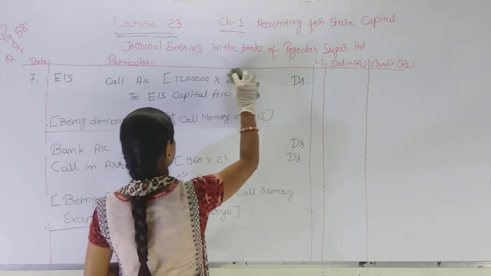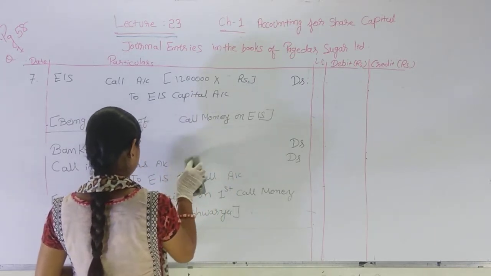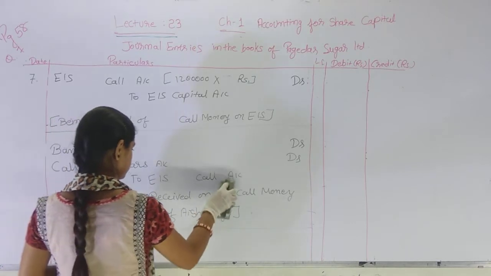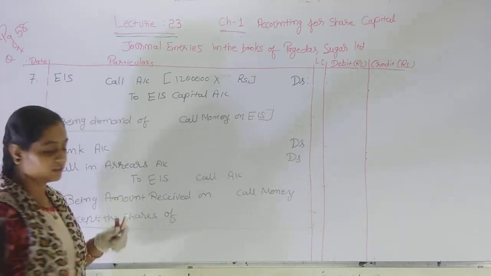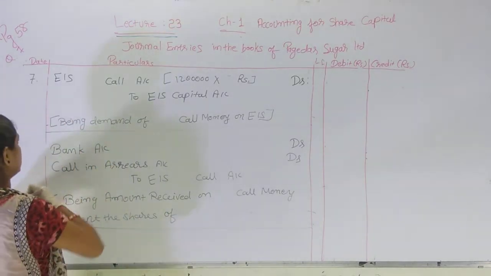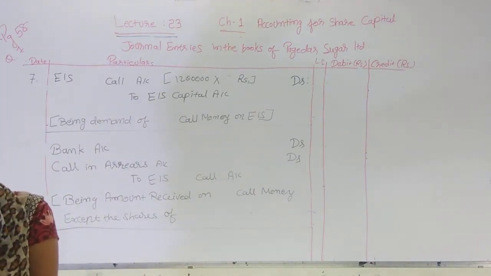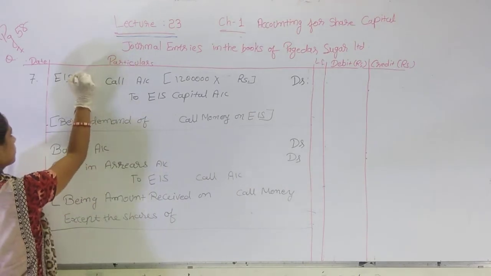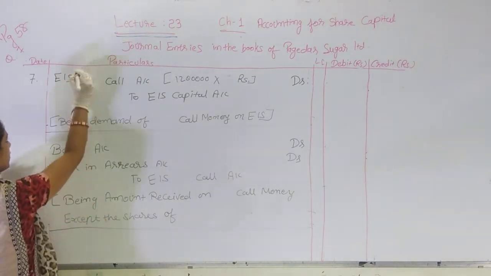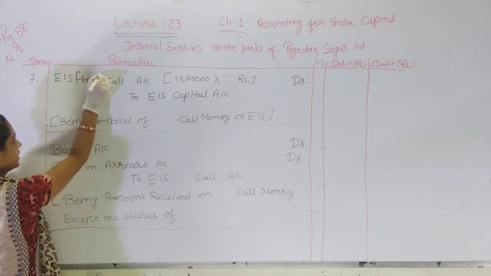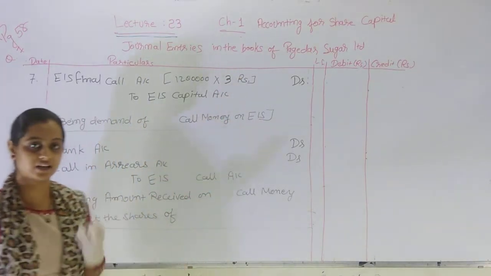So, the 7th entry will be equity share final call account debit 12 lakh into 3, in final call company has demanded 3 rupees.